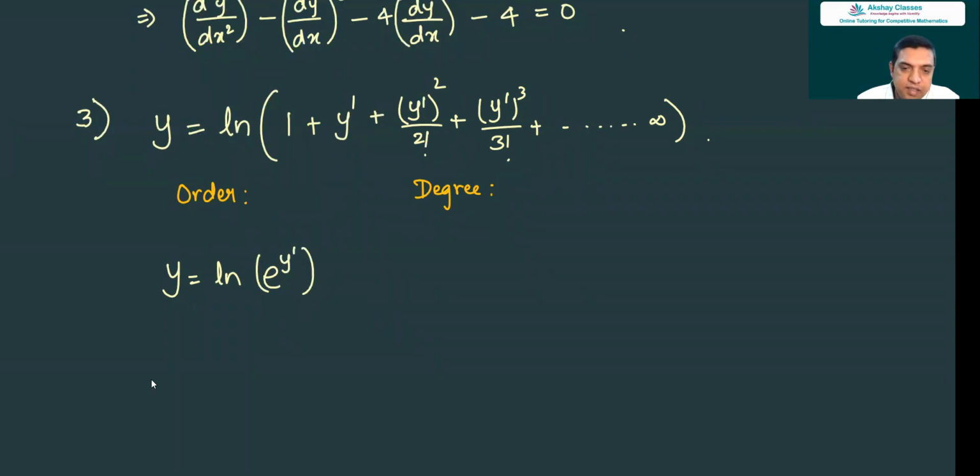Log of e power y dash is nothing but y dash. So this equation reduces to y equal to y dash. So you have the first derivative, so order is 1. And this first derivative has power 1. So degree is 1. Order is 1 and degree is 1.